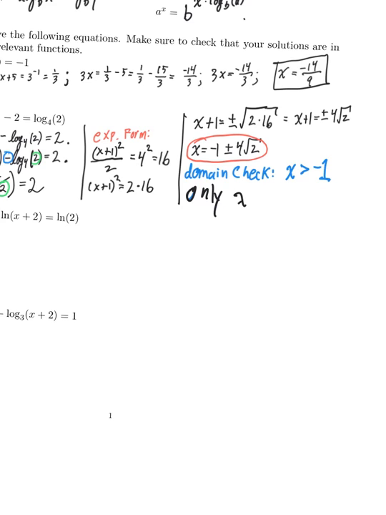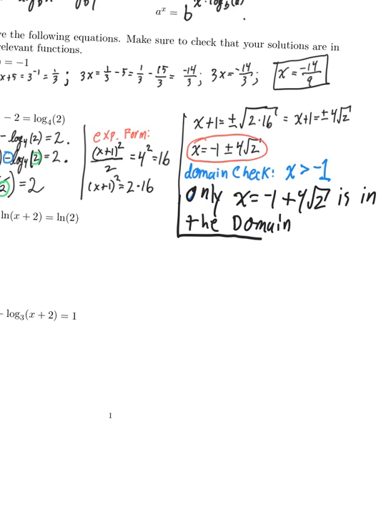Only x equal to -1 plus 4 times the square root of 2 is in the domain. Everyone feel pretty okay? Good.